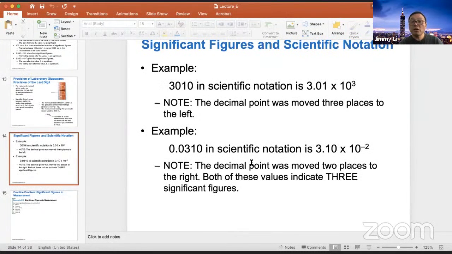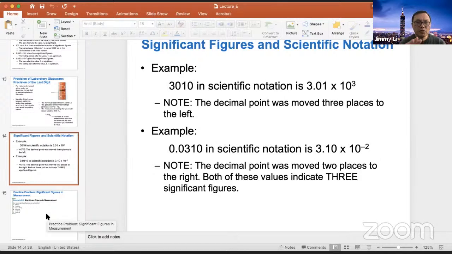Remember, I mentioned to you that scientific notation is the best way to get rid of any kind of ambiguity. So don't be surprised I asked you some significant figures questions. Remember that is going to be on the Chem 101 homework problems and quizzes. I'll talk about more detail.